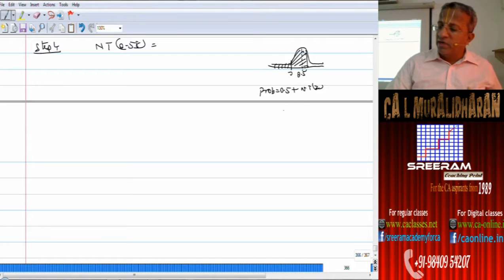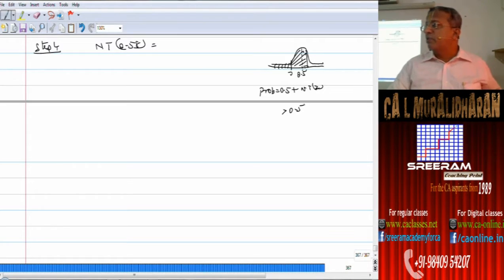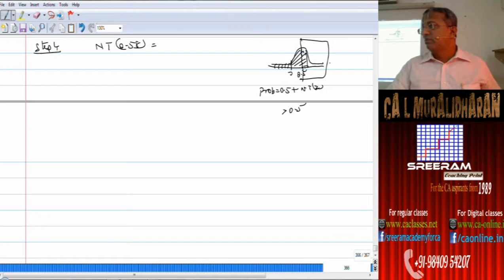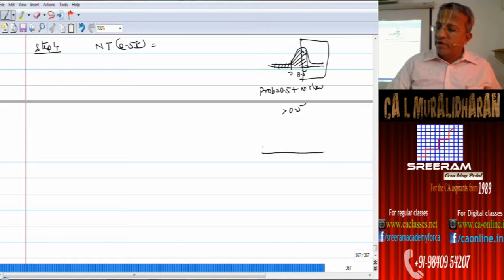Now the final number will always be greater than 0.5. The area will always be greater than 0.5, and this side of the shaded area is the right tail, on the right hand side. If you have drawn a diagram where the area is this shaded area, it will always be less than 0.5.